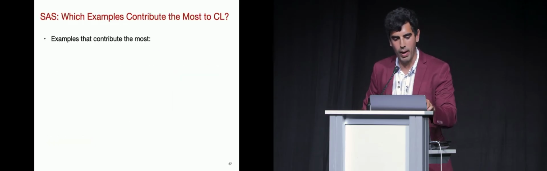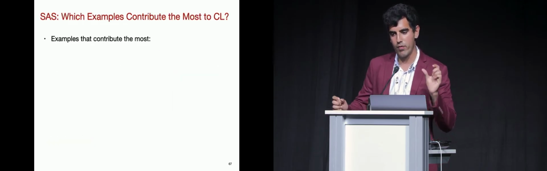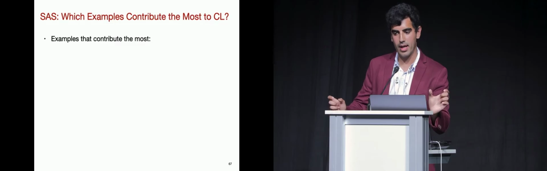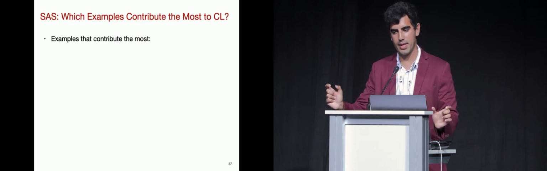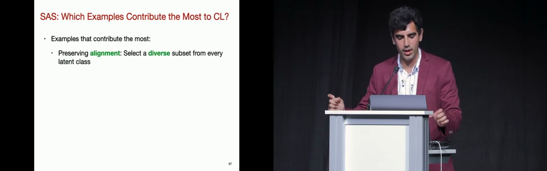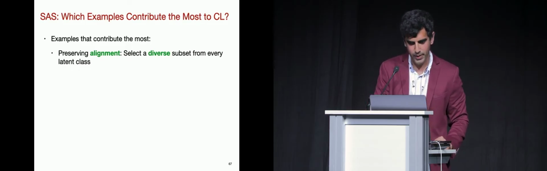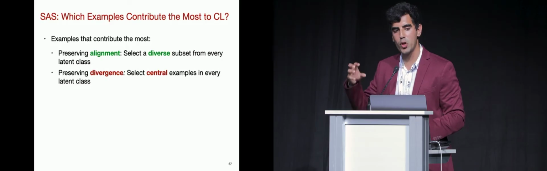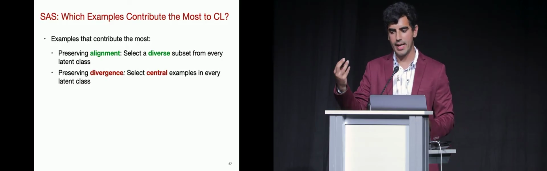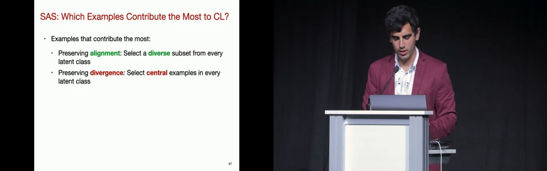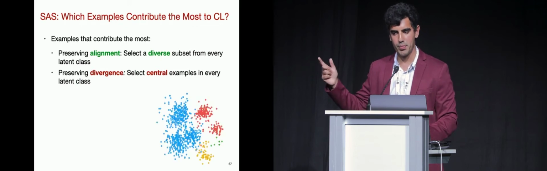Here we bound the distance between the full data latent class center and the subset latent class center using, again, expected augmentation distance, Dij. The intuition here is that you want to select examples that are central in every latent class. Again, the full derivation appears in the paper.